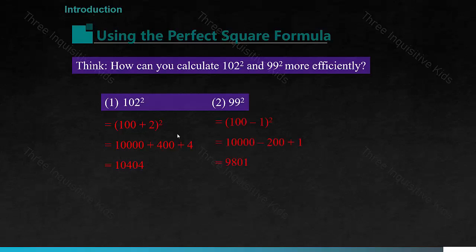For 99, we can rewrite it as 100 minus 1. And all we have to do in the end is 10,000 minus 200 plus 1, which is 9,801. Now, I want you to think about what would happen if you just wrote out 102 times 102 and started multiplying. Using the perfect square formula in this case is much more efficient.